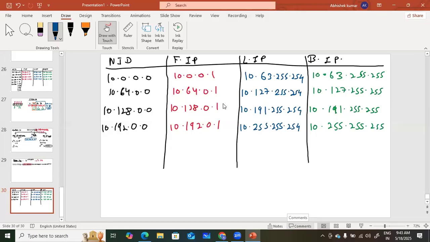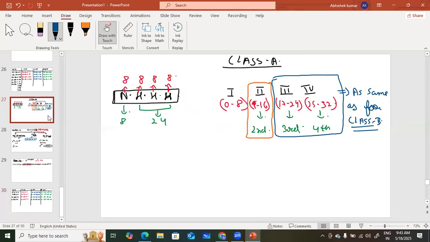Everyone clear? All done? Yes. Okay, so can you guys perform it for the third and fourth octet? Because it is the same as what you performed for class B. Nothing changed. Clear?